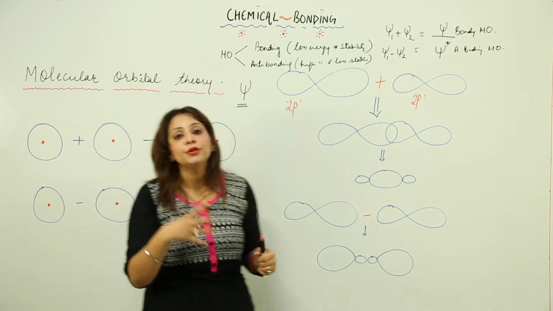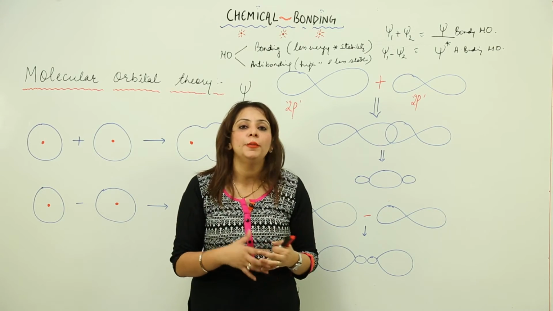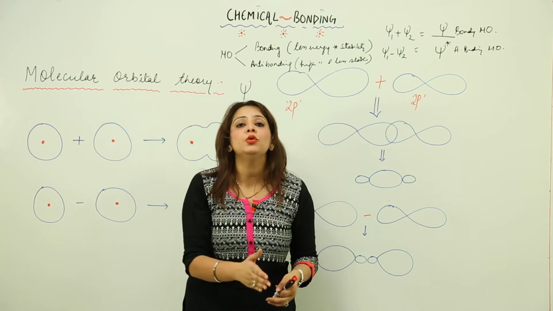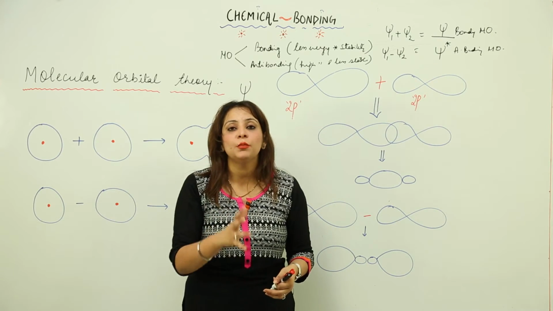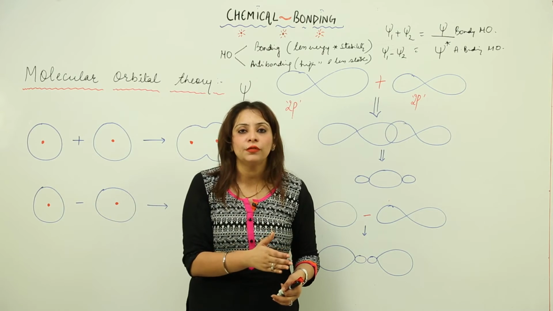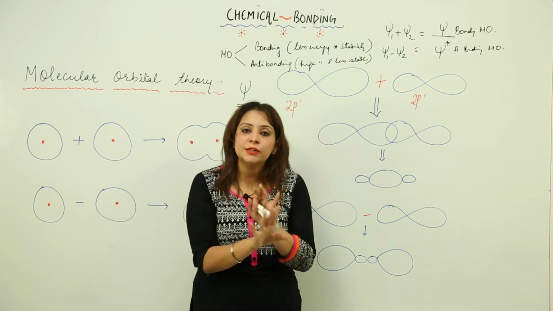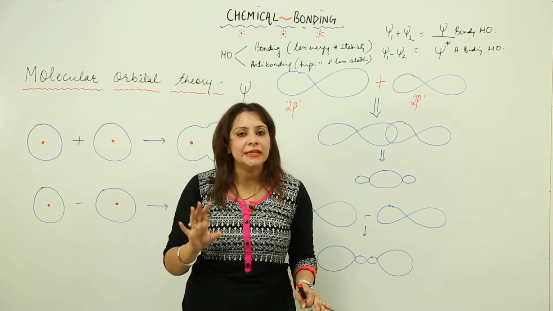Now I am going to show you how the bonding and anti-bonding molecular orbitals are formed. We will follow the same rule of overlapping as we did, that the bond formed can be sigma or pi, that is, end-to-end overlap or sidewise overlap, which we discussed in the valence bond theory, right. We are going to follow the same rule that is universally accepted. There is no change in that.